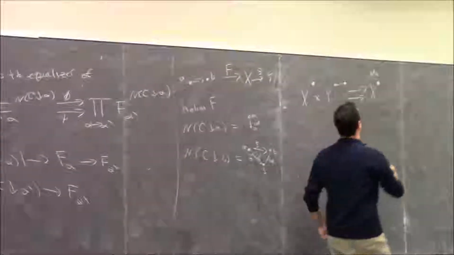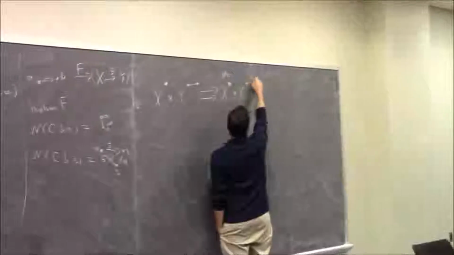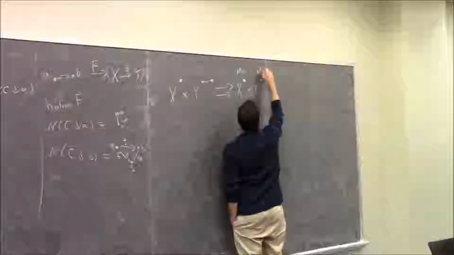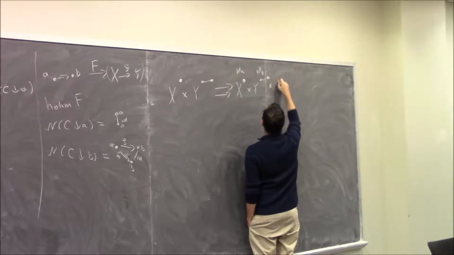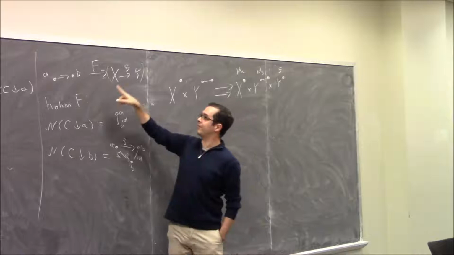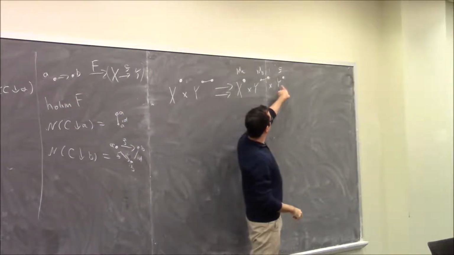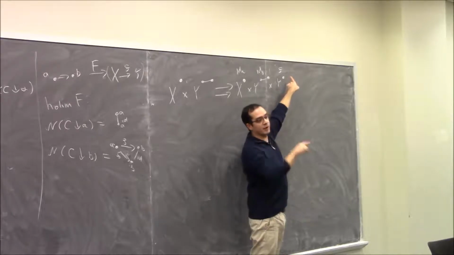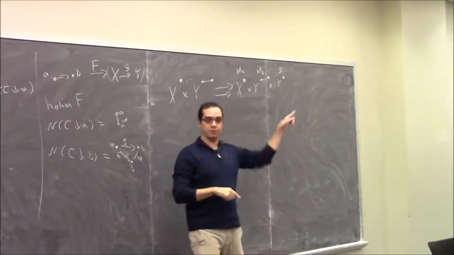That's the identity on A. Identity on B. And then if we take the map from A to B, then we're taking y to the power nerve of the overcategory over A. So pretty simple.